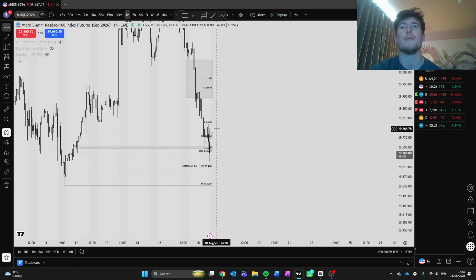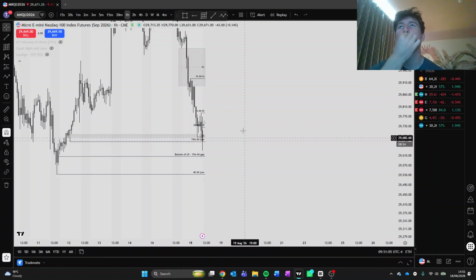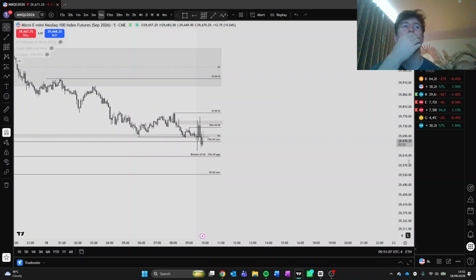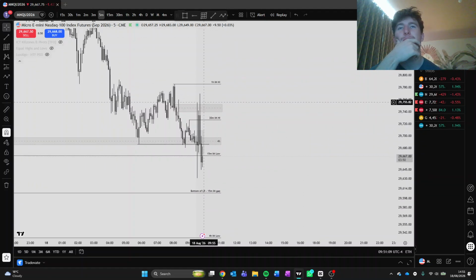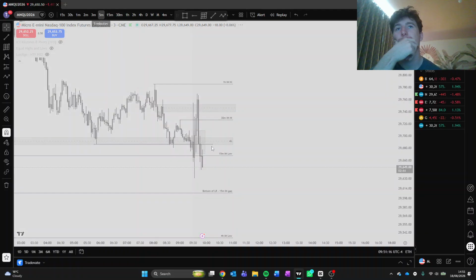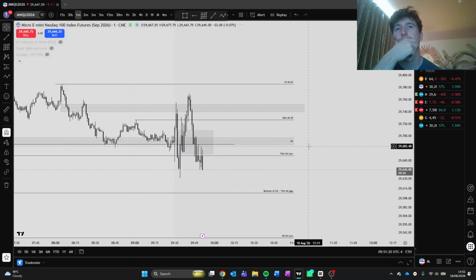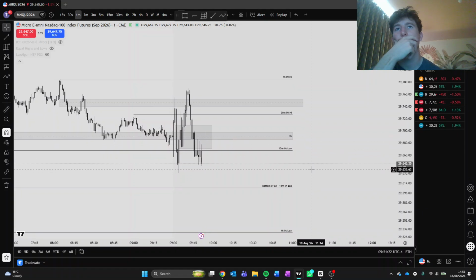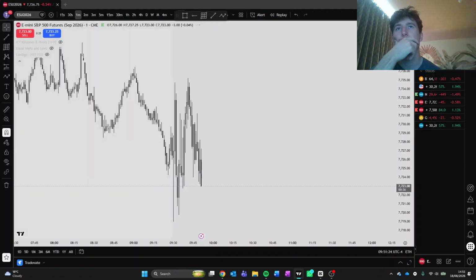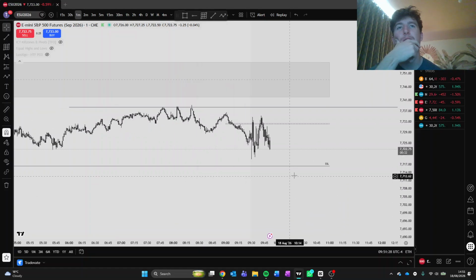But ideally we come up here and short. I'm not going to do that. Go with this projection wick. Okay, this is delivering from a 5 minute.